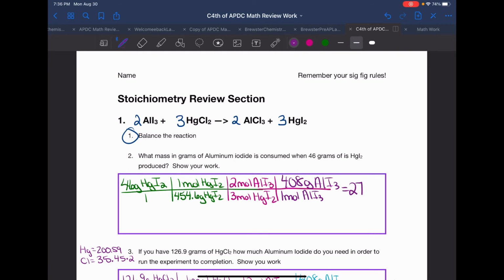And so it's 27.55 grams. And I need to round that up to 28 grams of AlI3 because my mass was given without a decimal.